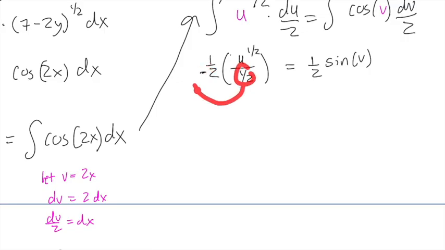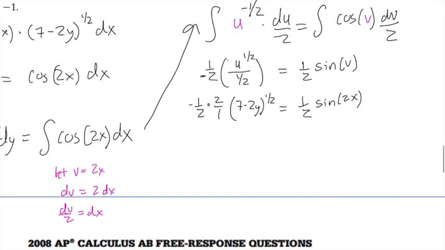Again, this is going to reciprocate, so this will be 2 over 1 when it comes outside. Okay, again, u was 7 minus 2y to the 1/2. This comes out. This is 2 over 1. And always remember the plus c with the sine. So there is my integration.